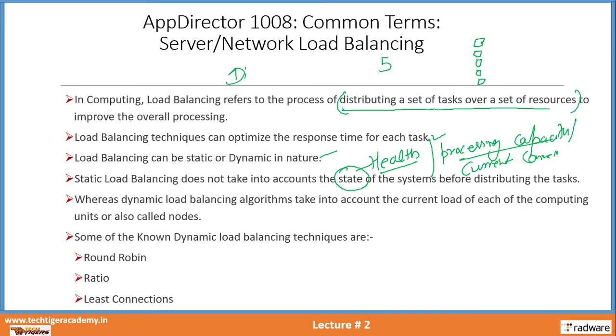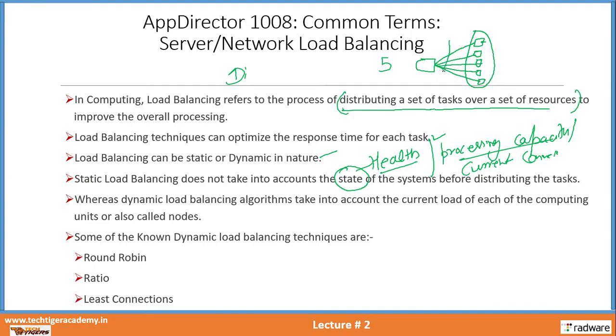Instead of one server processing all 5 packets, a load balancing device will distribute each packet to each server. So that means you will get speed, because every server will process individually. So these packets will be processed faster. This is the meaning of load balancing, which is distributing.